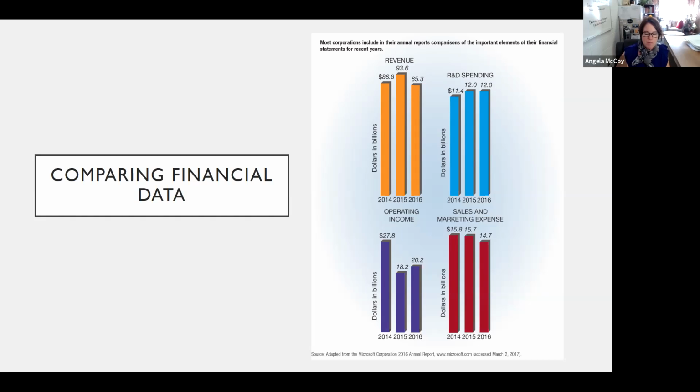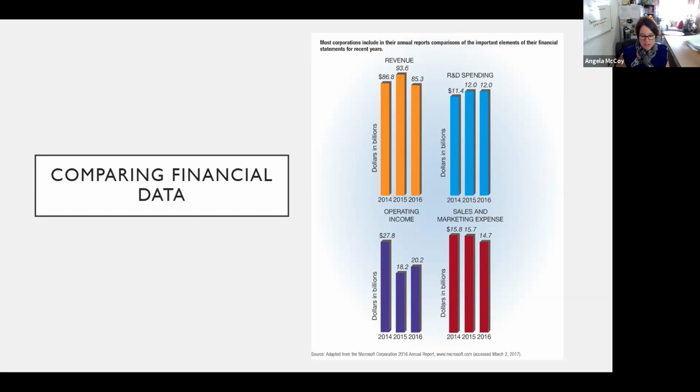Comparisons among firms give executives, managers, and employers a general idea of the firm's relative effectiveness and its standing within the industry. Competitors' financial statements can be obtained from their annual reports if they are a public corporation. Industry averages are published by reporting services such as D&B, formerly known as Dun & Bradstreet, as well as by some industry trade associations.